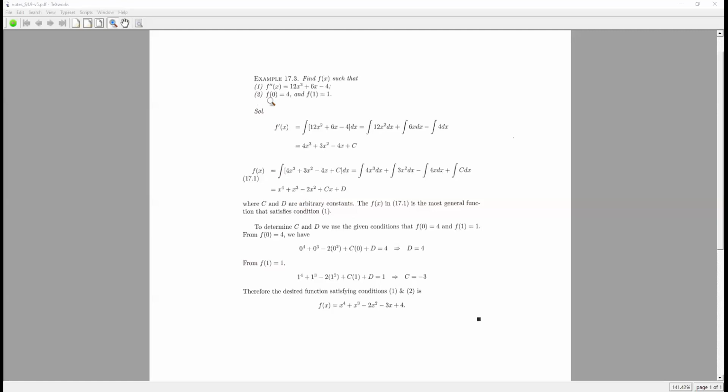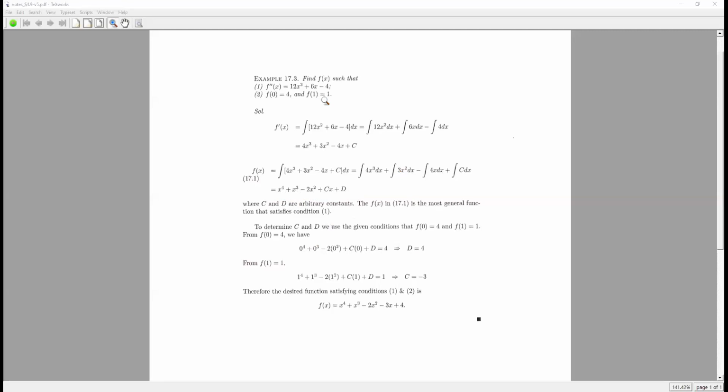Condition 2 has 2 equations. The first equation says that when x is 0, the function value should be 4. Now I plug in 0 for x in function f, and set the result to 4. Then I get this equation. From this equation, I get d is 4.